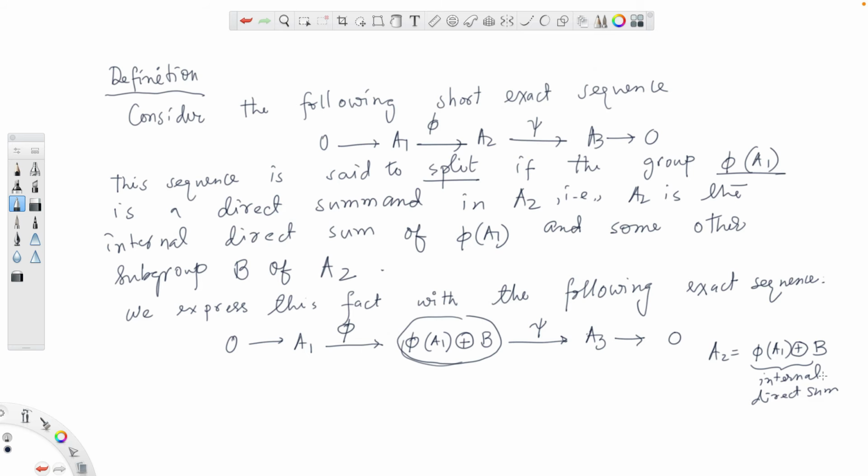Now there is an equivalent formulation of split exact sequence using external direct sum.